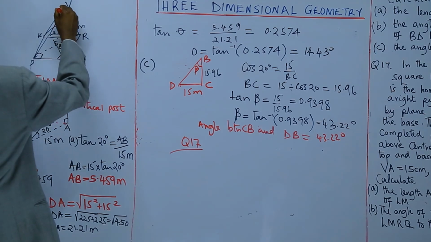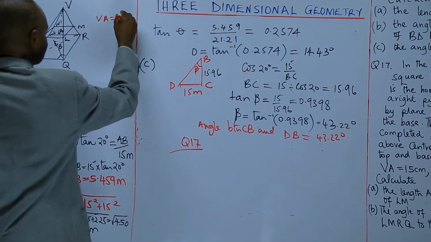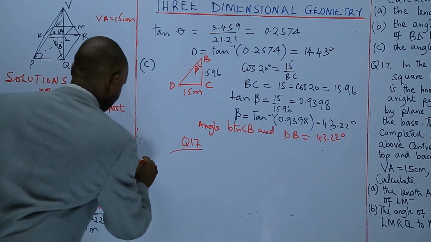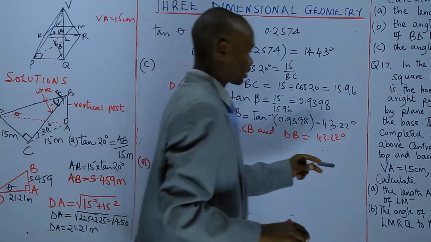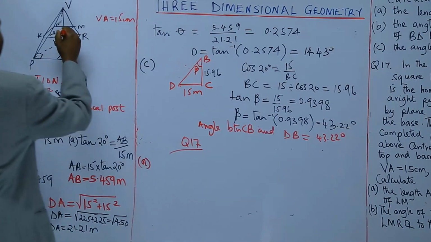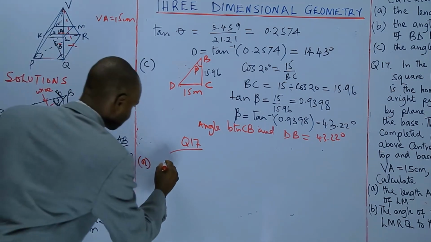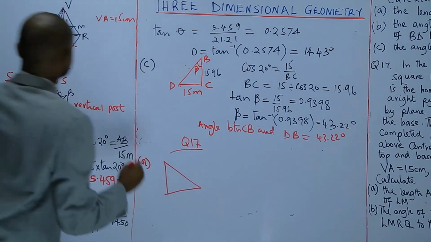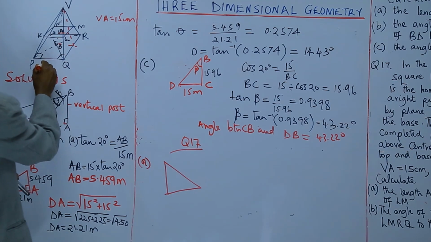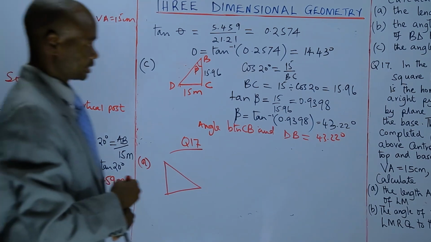So you are told VA, from this point to that point, is 15 centimeters. To solve this, you need to extract a figure that will help, because the first question is to calculate the length of AC. So I'll extract this triangle, where the base is 12 and 12.